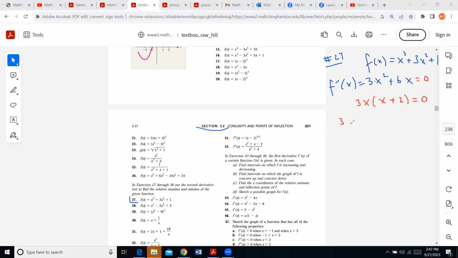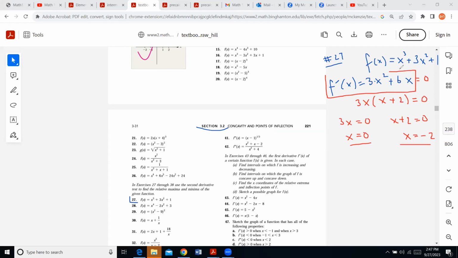Those are the so-called zeros of the derivative, or numbers that make that derivative equal to 0. So we solve the equation: when the product of two factors is 0, it means that each of them could be 0, and this gives me two of those special numbers, two solutions.